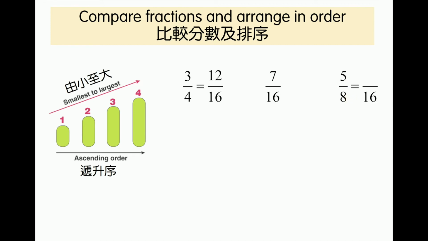After expansion, it is 10 over 16. Having the same denominator, we can compare them with just the numerator. And now, to arrange them in ascending order, the smallest one is 7 over 16, followed by 5 over 8, and finally 3 over 4.